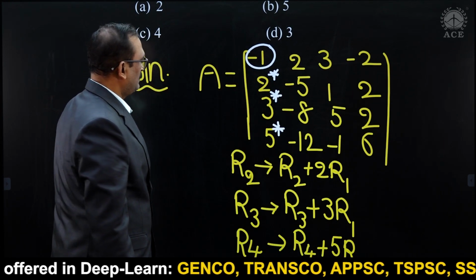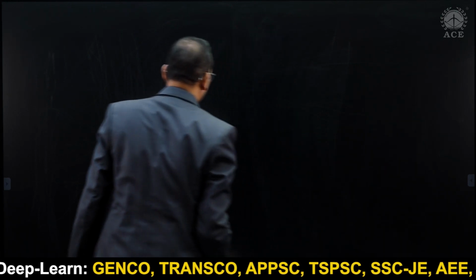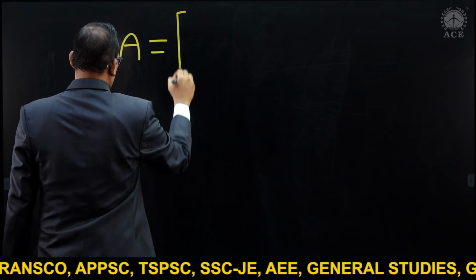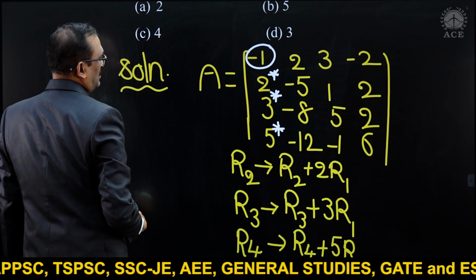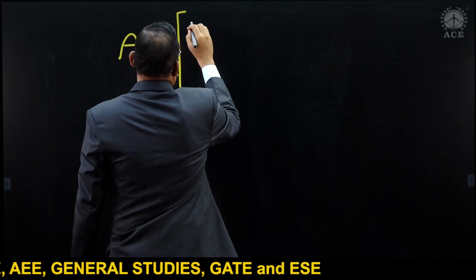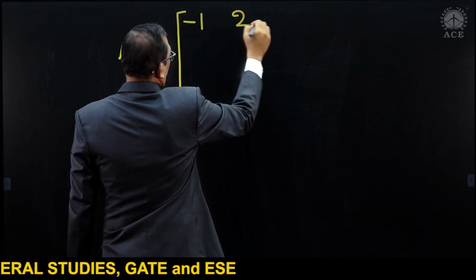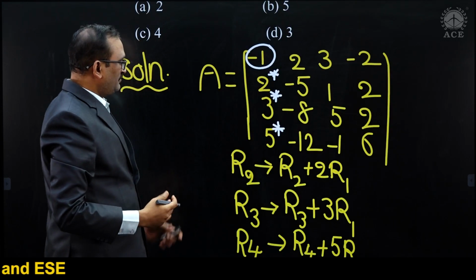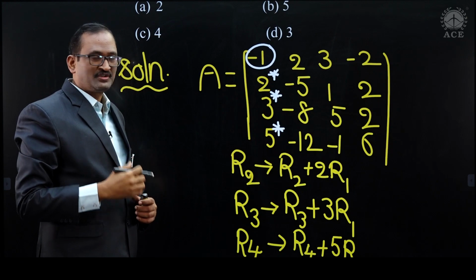Now let us do this. The matrix A is equal to... what is the first row? Minus 1, 2, 3, minus 2. Now you observe second row plus 2 times of first row.